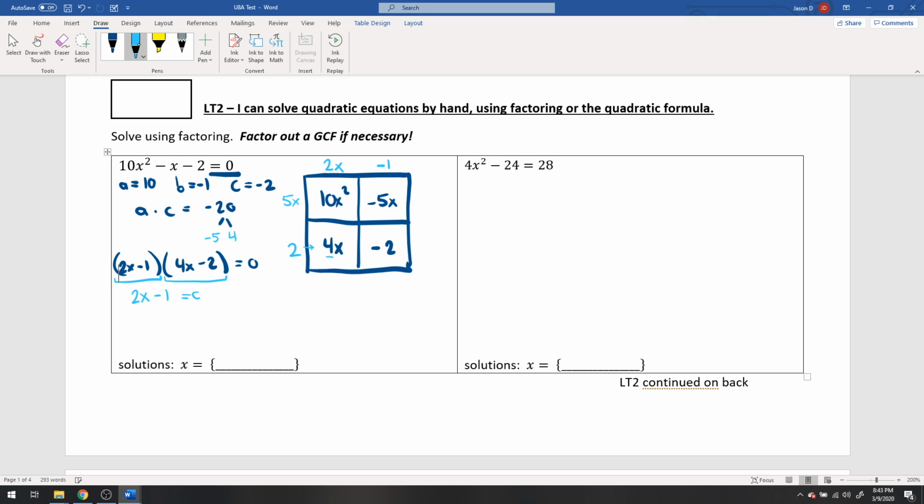2x minus 1 equals 0. That's a little equation. We can solve that. You also have 4x minus 2 equals 0. I made a mistake. We had 2x minus 1. It was 5x plus 2. Let's go back.